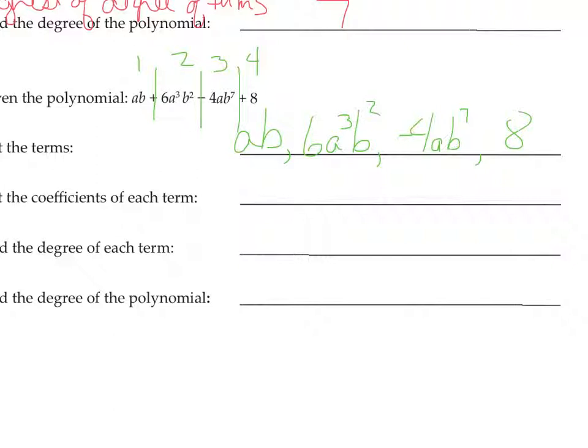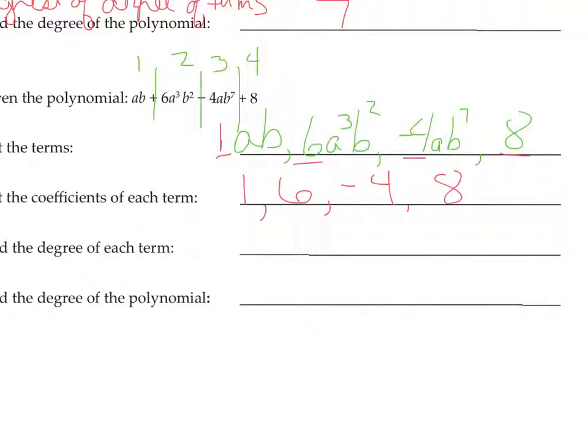Those are the 4 terms of this polynomial. So now we're going to list the coefficients of each term. And don't forget, the coefficient is the number at the beginning of each term. Well, here in the first term, there is no number, so don't forget when there isn't a coefficient, it's implied to be the invisible 1. So we have a coefficient of 1, 6, negative 4, and 8.